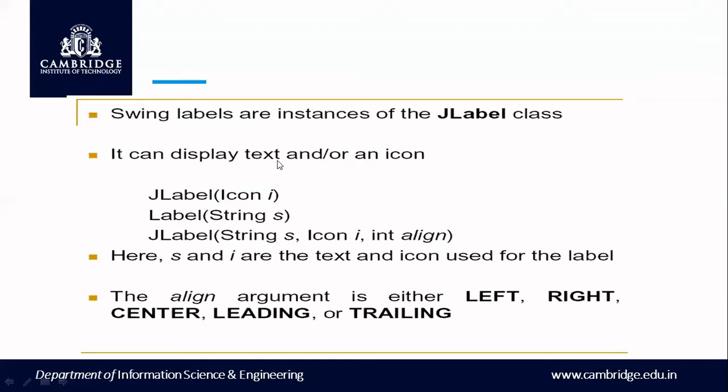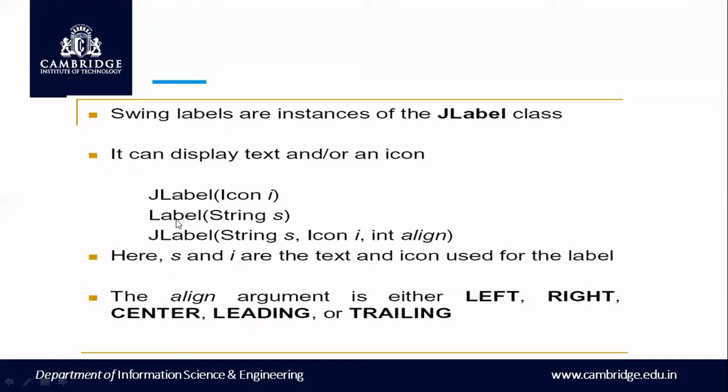It can display text and or an icon. So using JLabel, you can either display a label with some name or you can also display an icon. JLabel(Icon i). If you want to display an icon, you can just specify it as a parameter and pass it into the constructor of the JLabel class.